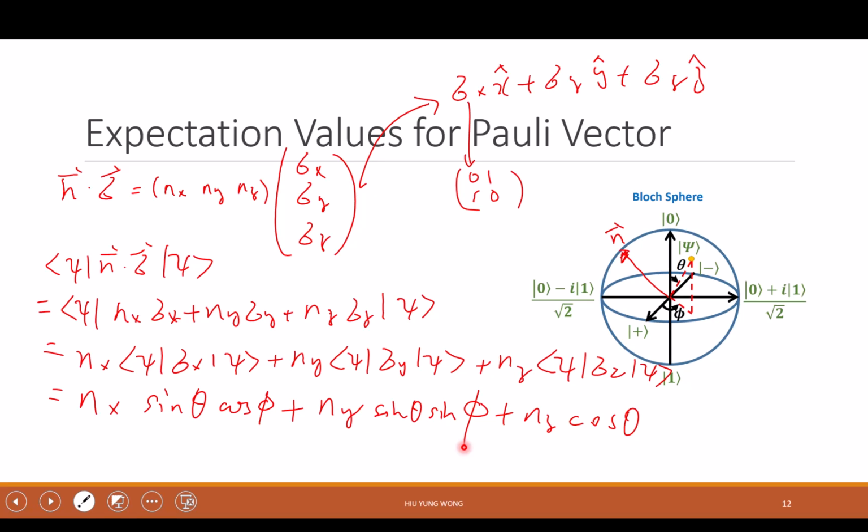But what is this? Isn't this just equal to the dot product of (nx, ny, nz) with (sine theta cosine phi, sine theta sine phi, cosine theta)? What are these?